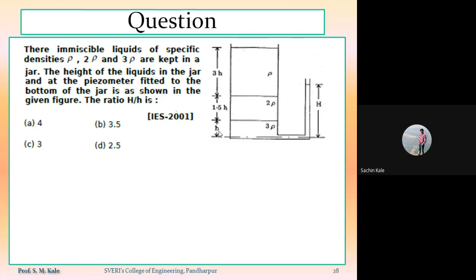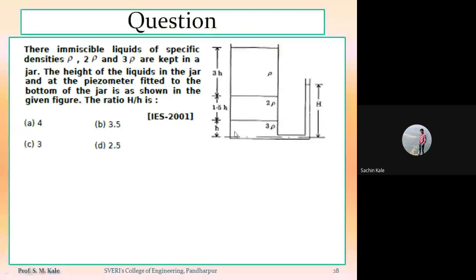Here they have used three types of liquid in the jar. The first liquid has density rho. The second liquid has density twice rho. The third liquid has density thrice rho, and the fluid at the bottom, which connects to the piezometer, has density thrice rho.